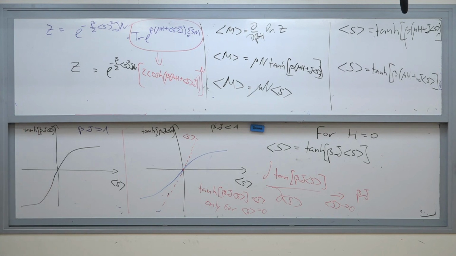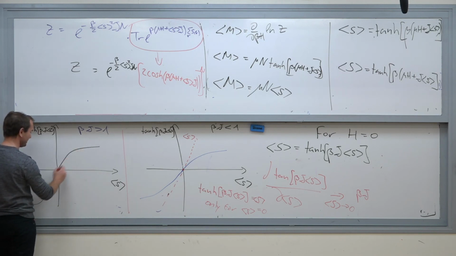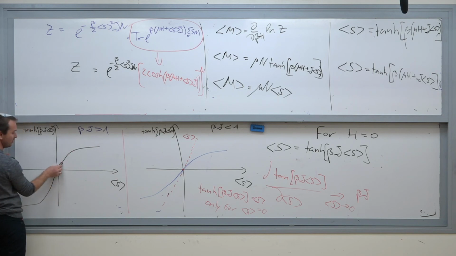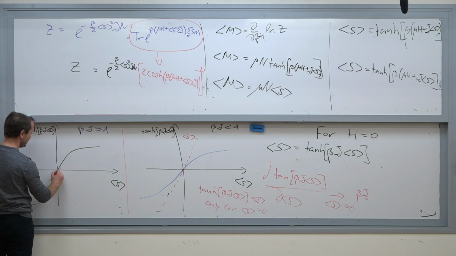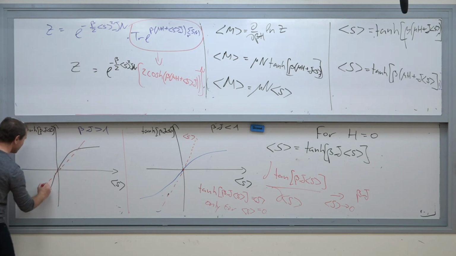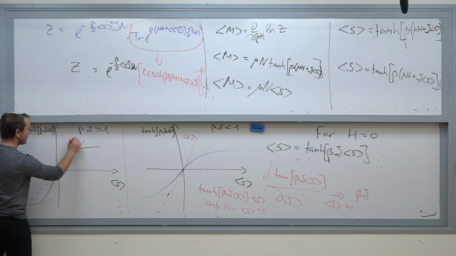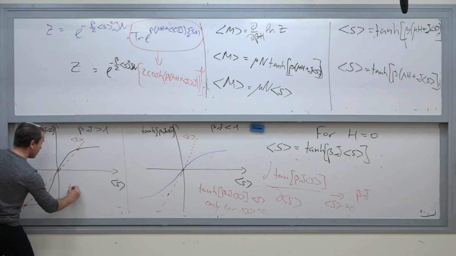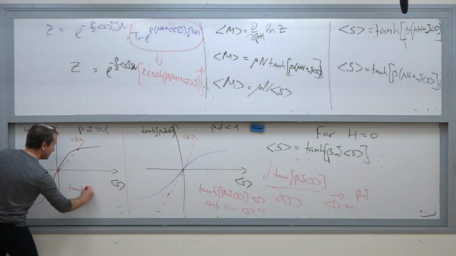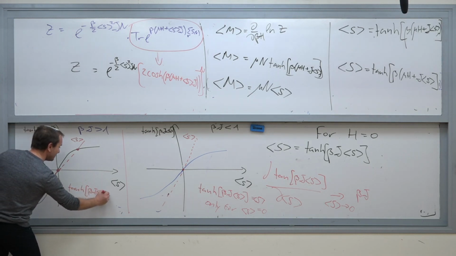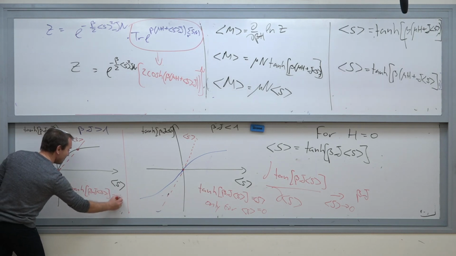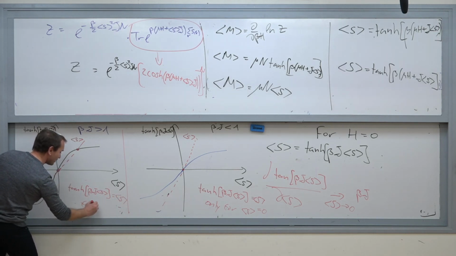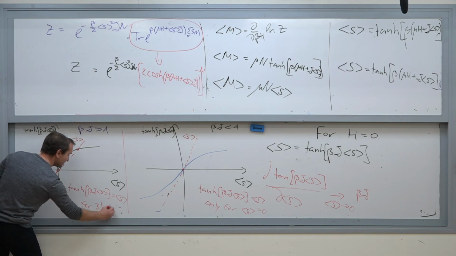On top of this, I plot again this linear function, but here, because this slope is higher than 1, I'm going to have 3 solutions: here, here, and here. So tanh of beta J average S equals average S for 3 different points.